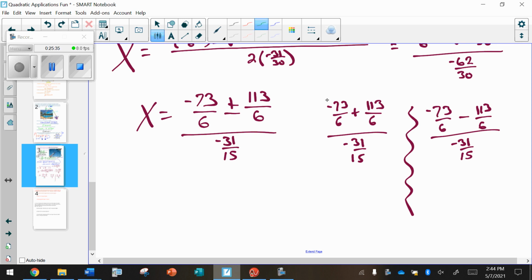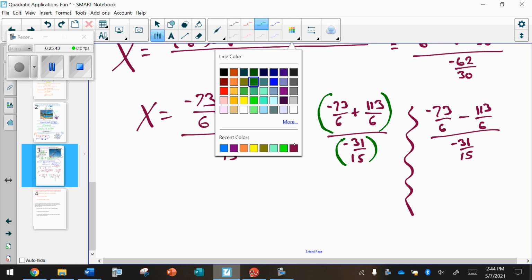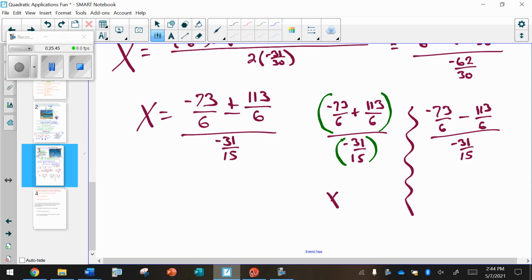When you try to type this in, you would have to have all of this in parentheses divided by all of that. And believe it or not, this one ends up a negative number, but we cannot have negative time. So we reject that because time doesn't go backwards.